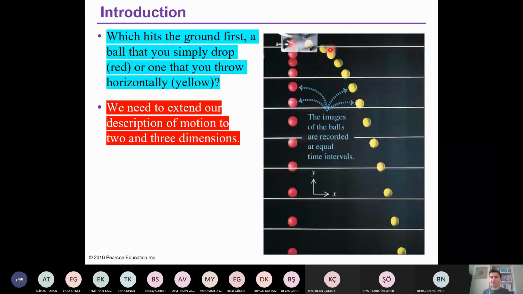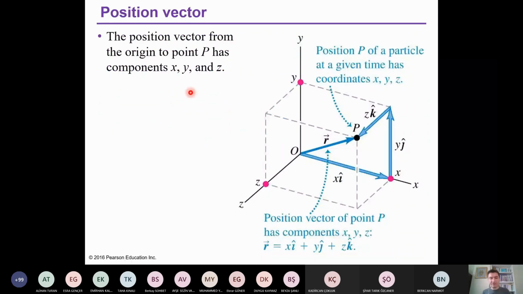Then it has this type of motion. So now the question, which hits the ground first? We have to answer all these questions, and the information within this chapter will help us to discuss all these things.